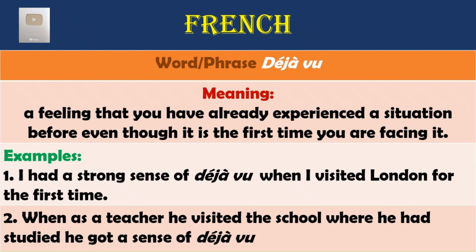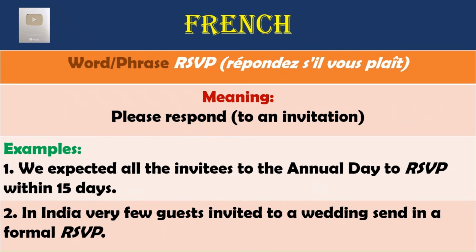Two examples are here. I had a strong sense of déjà vu when I visited London for the first time, as though you've seen it before. When, as a teacher, he visited the school where he had studied, he got a sense of déjà vu. Because one day he was a student, now he's a teacher.